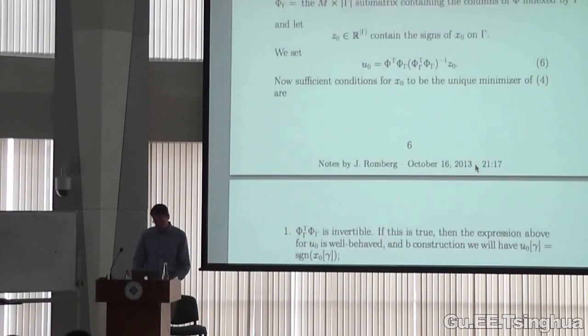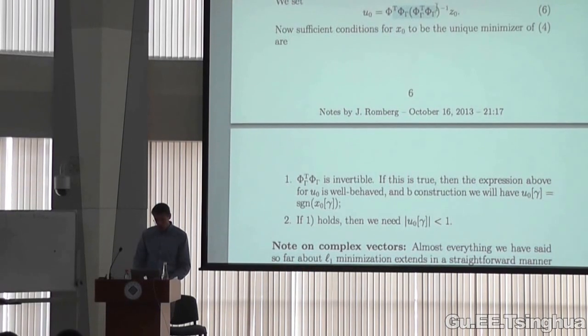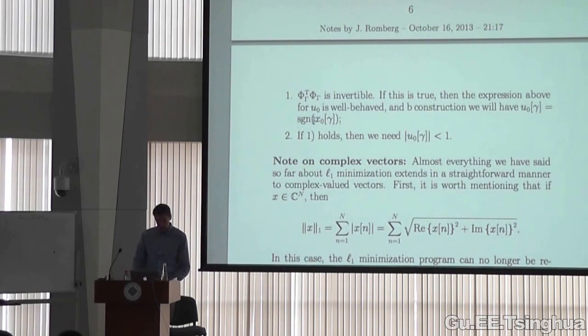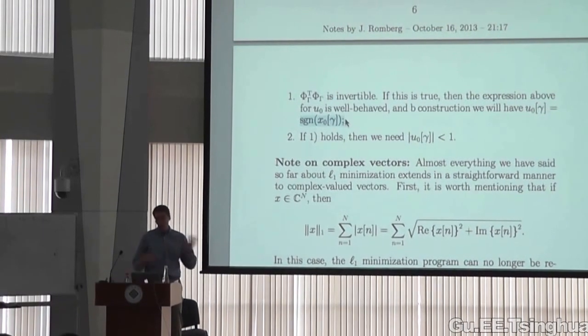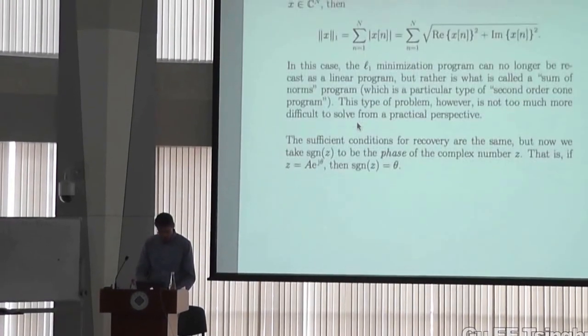You get exactly the same set of conditions. Instead of transpose, you write Hermitian, and that's it. The sign sequence is a general point on the unit circle rather than +1 or -1. That's all that changes when you go to complex in the context of this theory.